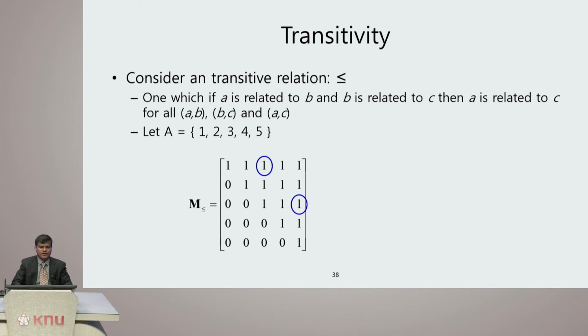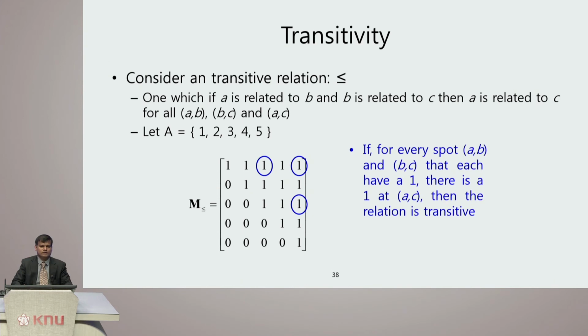Let's say this is A comma B and this is B comma C. The last one is A comma C. So they are all equal.